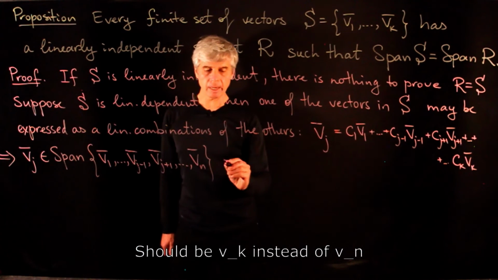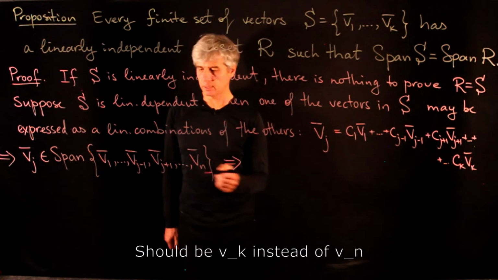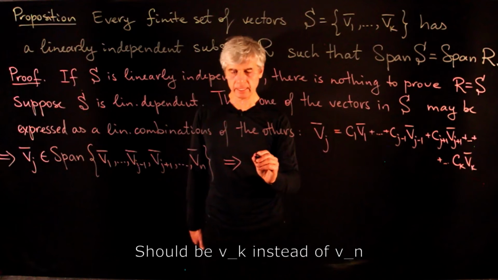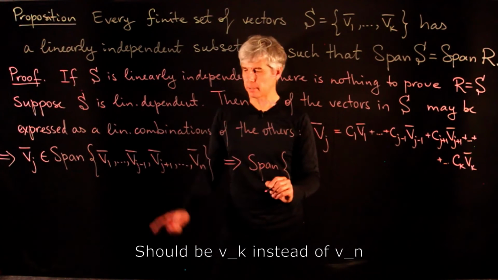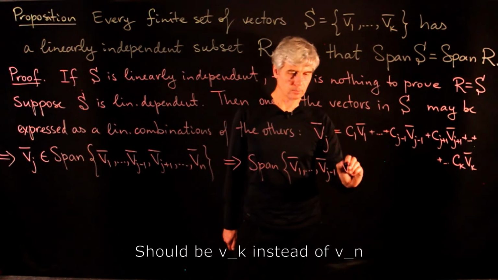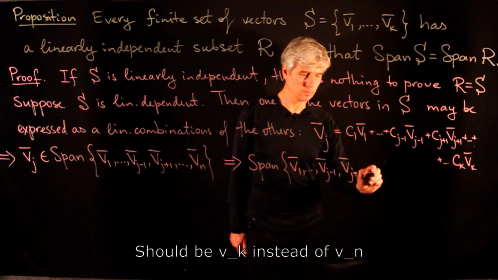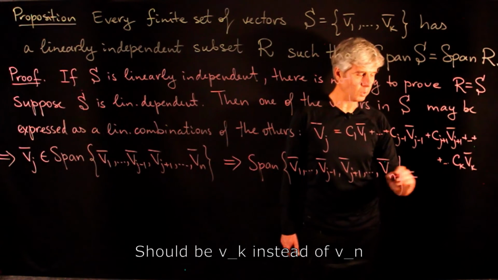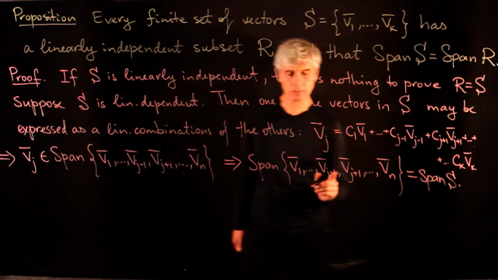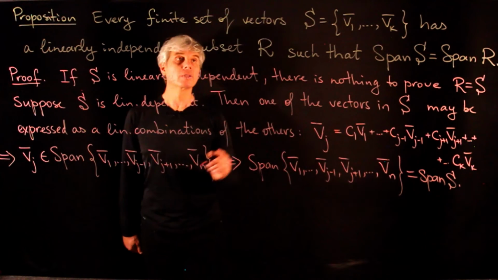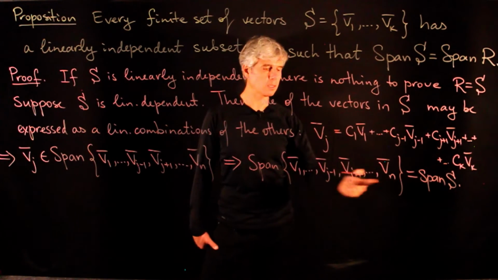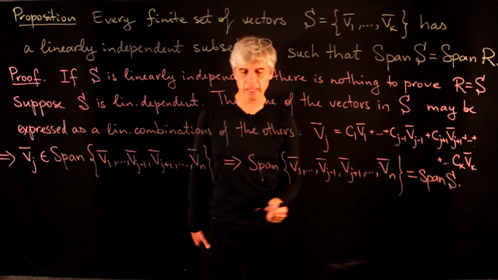And then, by our earlier lemma, if vj belongs to this span, the span of this smaller set is equal to the span of the original set S, right? So this means that we can take our set S, throw out vj, and we obtain a smaller set that has the same span.